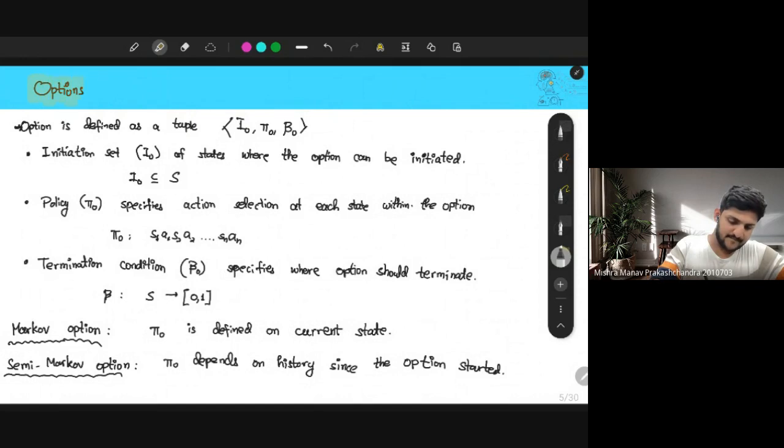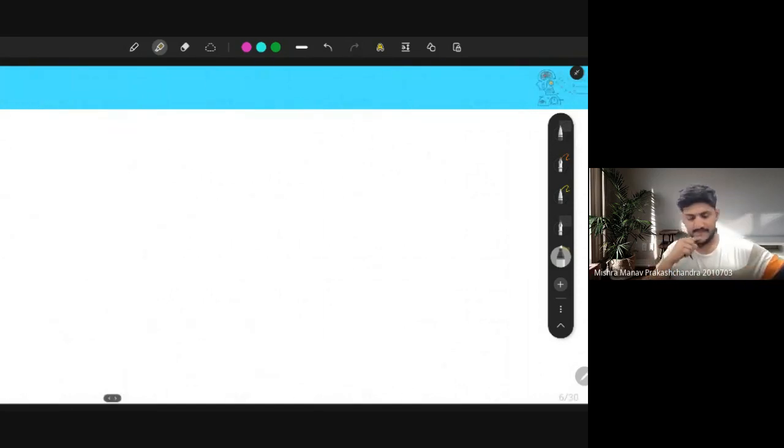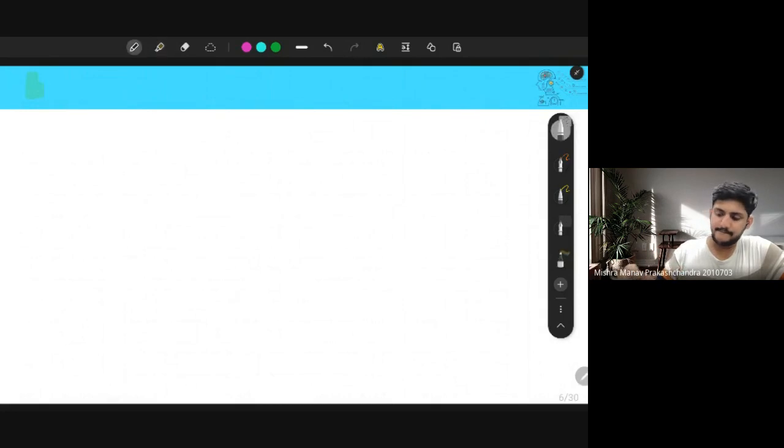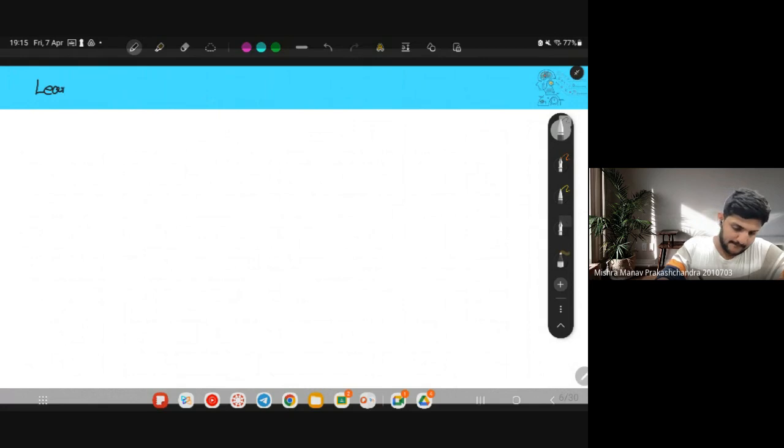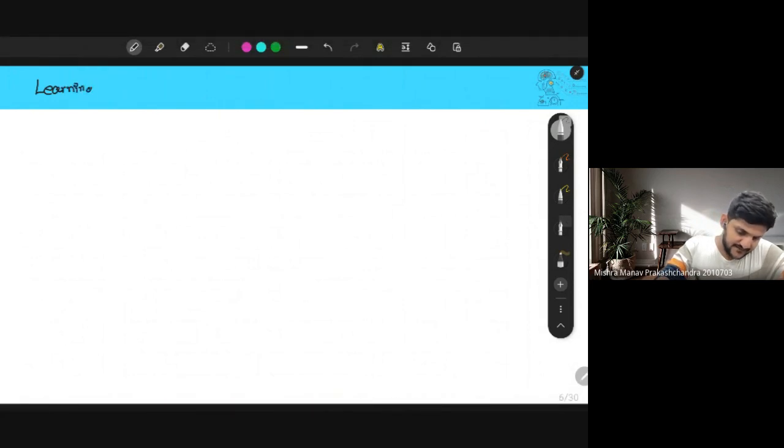And next, we want to understand learning with options, right? What kind of learning that one can do when one deals with options.